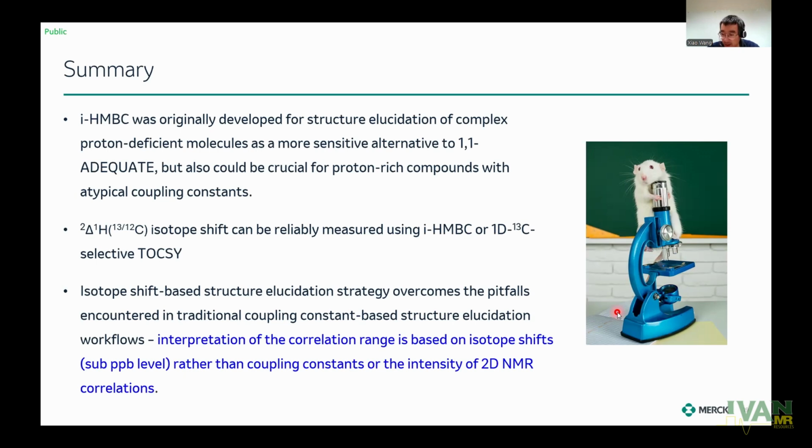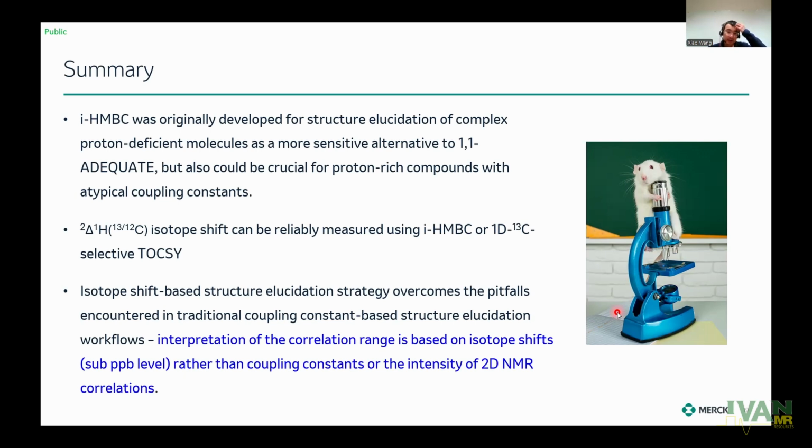You can see in my examples that atypical coupling constants are quite common in the molecules we work with daily. And the tiny isotope shift can be reliably measured using either i-HMBC or 1D C13-selective TOCSY. Both methods have their own advantages.